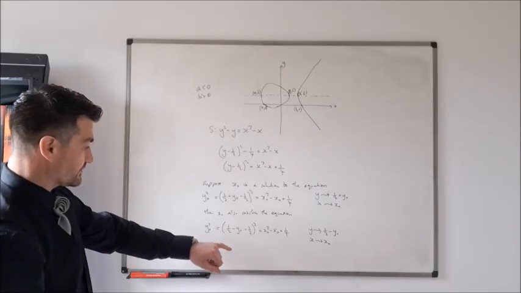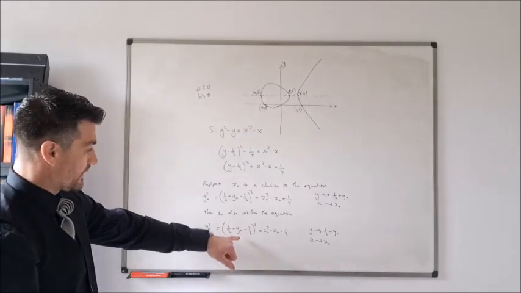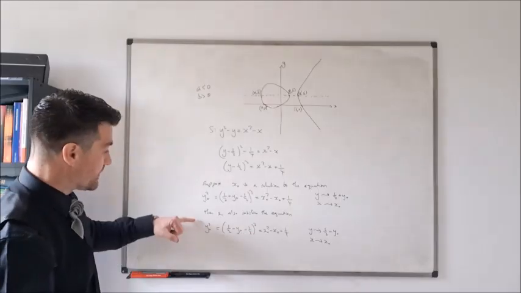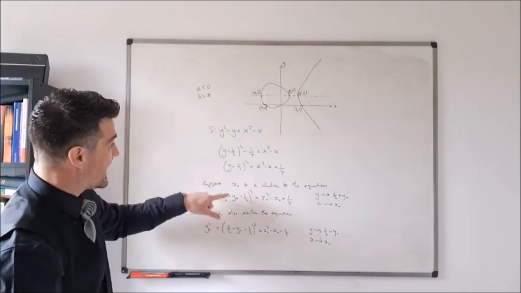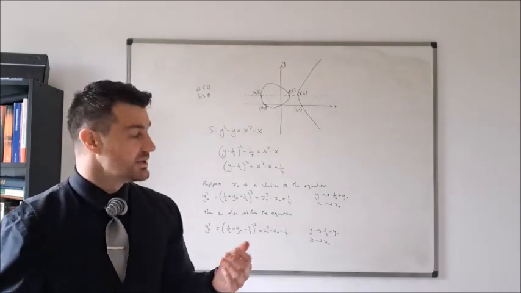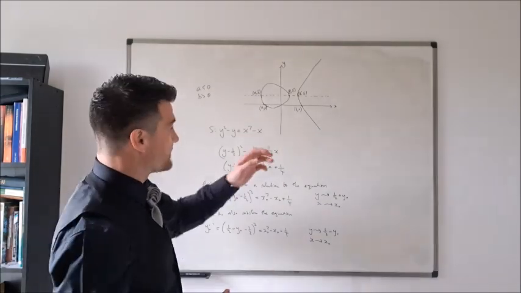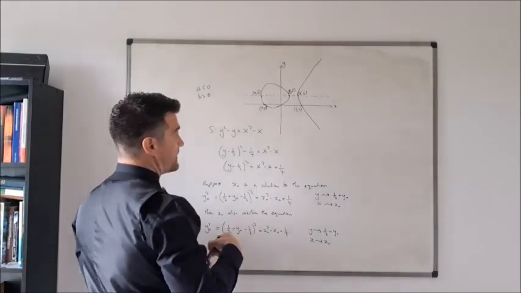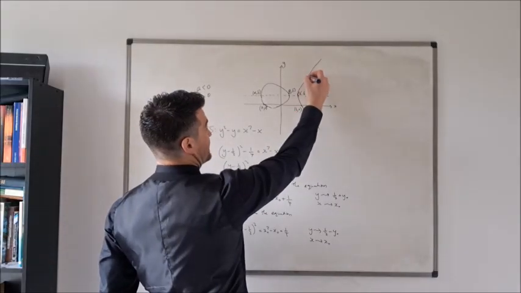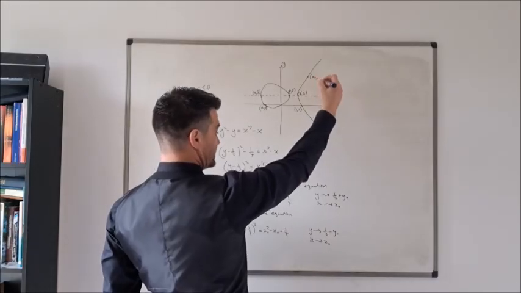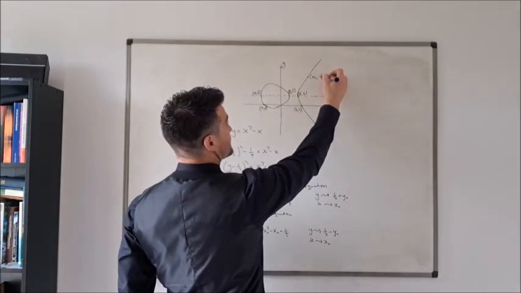So in other words, x naught will satisfy both of these equations, but if we've got half plus y naught, assume that y naught is a positive number, then we're going to end up with a point, let's say, here, x naught and half plus y naught.